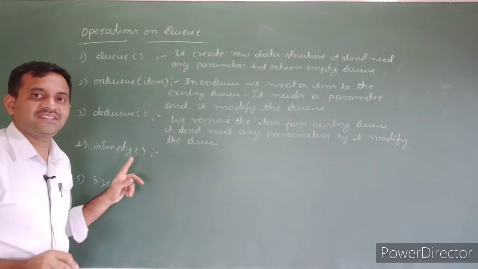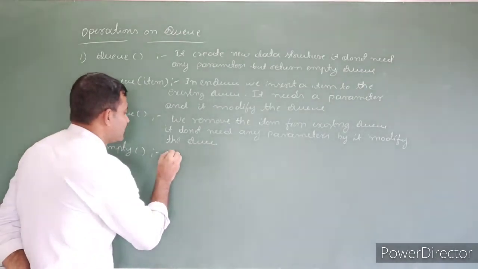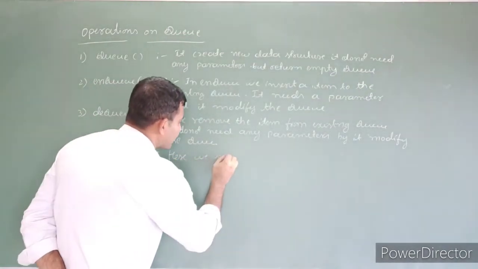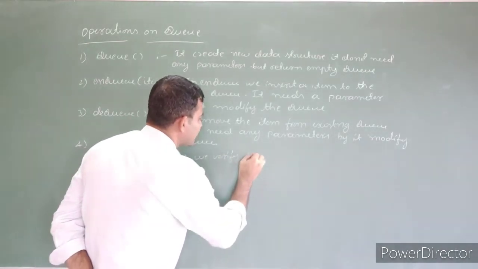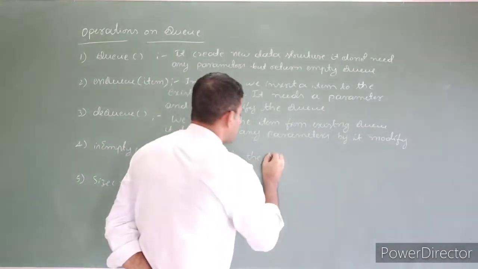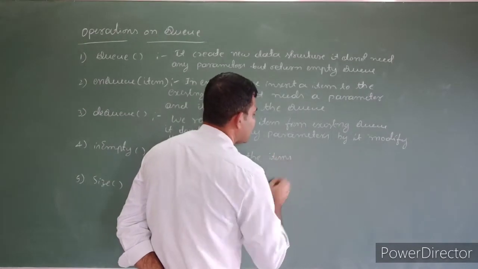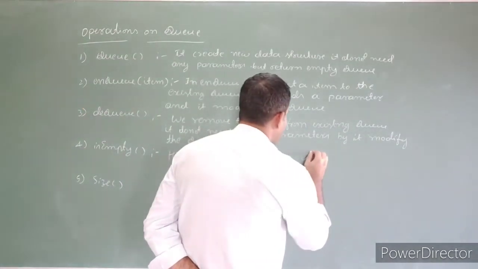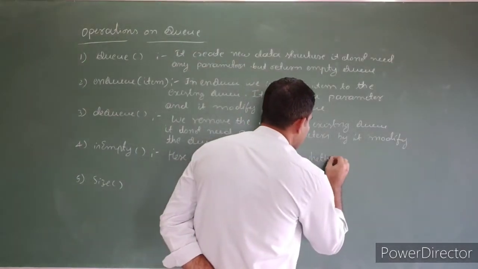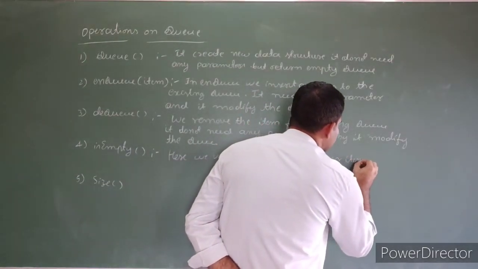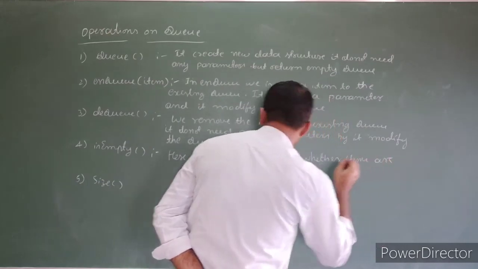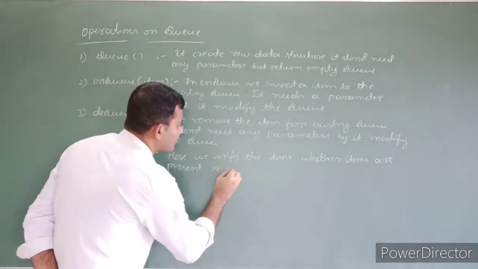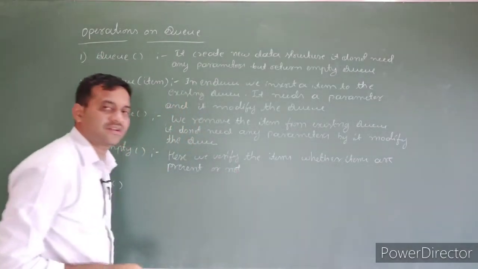Next one is empty. Here we verify the items, or verify the queue, whether items are present or not.